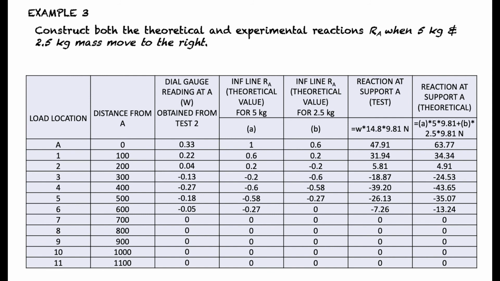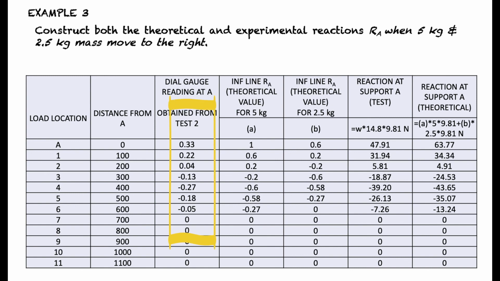Now this is an example of how to use the influence line we obtained from the theoretical earlier on and compare with the experimental value. From the experimental value, we obtain the data from test 2, that is from the compound load.